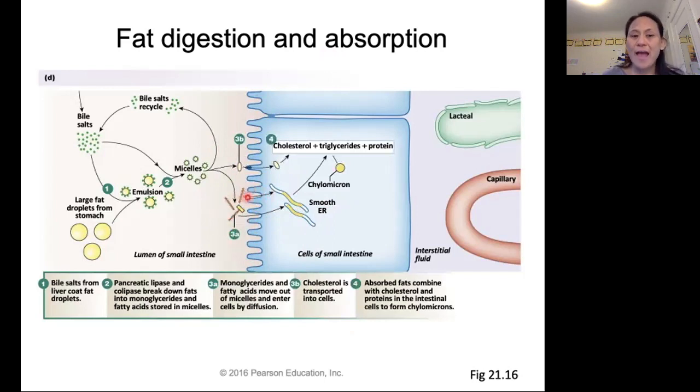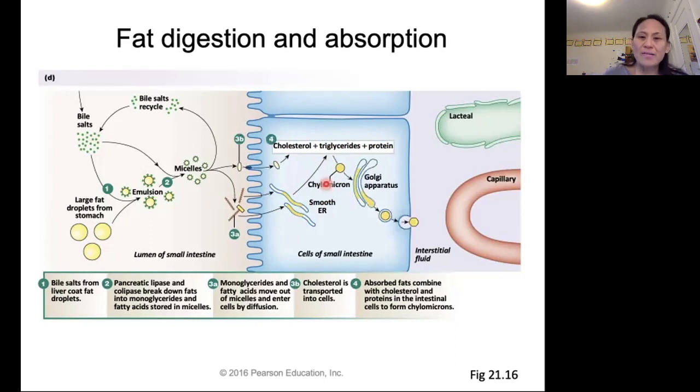Once we have our monoglycerides and free fatty acids in the cell, they enter the smooth ER, where they then get resynthesized into triglycerides. Once we have triglycerides resynthesized, they combine with cholesterol and some proteins to make these structures called chylomicrons.